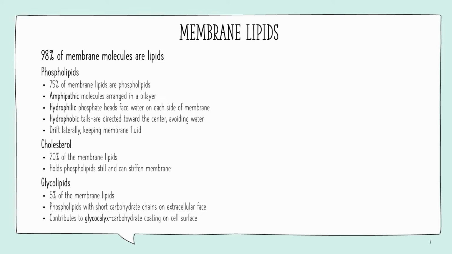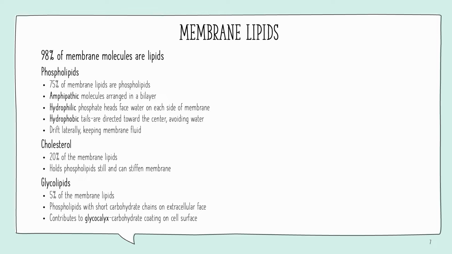There are hydrophilic, which are phosphate heads that face the water on each side of the membrane. Then there's hydrophobic lipids, which the tails are directed towards the center, avoiding water. Doesn't like water, doesn't want to go near the water. Okay, they drift laterally, keeping the membrane fluid.